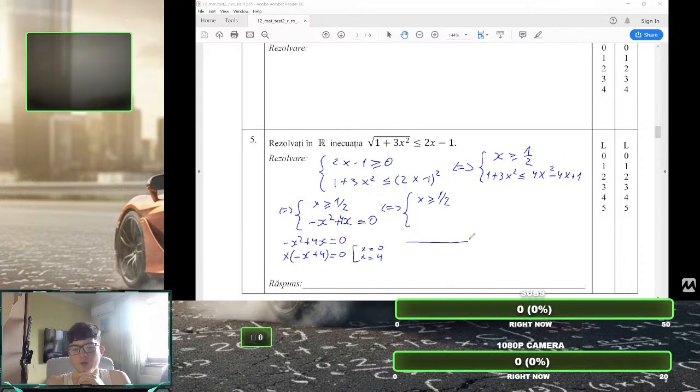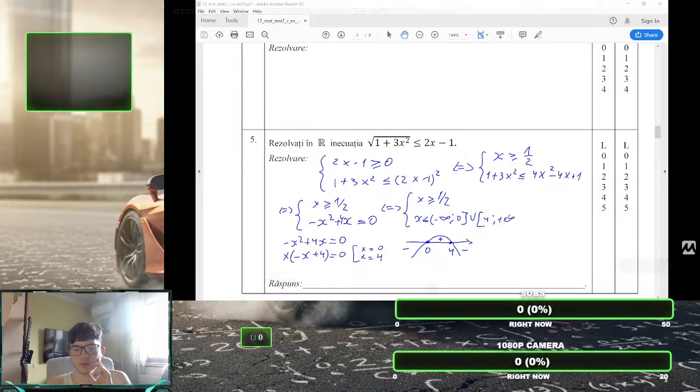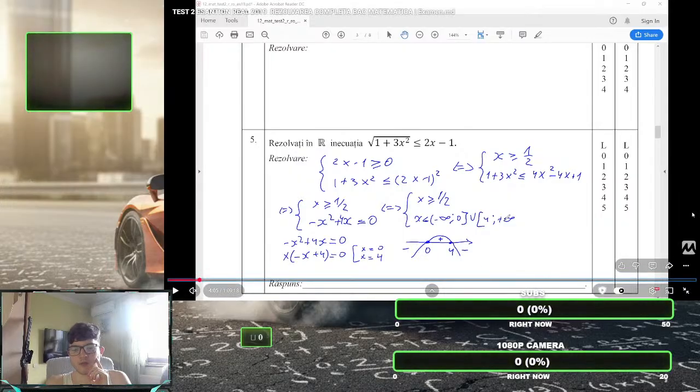Because minus x is going to be minus 4, just flip the signs, and basically x has to be bigger or equal to 1 divided by 2, which is 4 in this case, so it has to be just 4 as a solution. But as it is an inequation, you have to do the interval, so you place this there, and you have from 0 till 4.